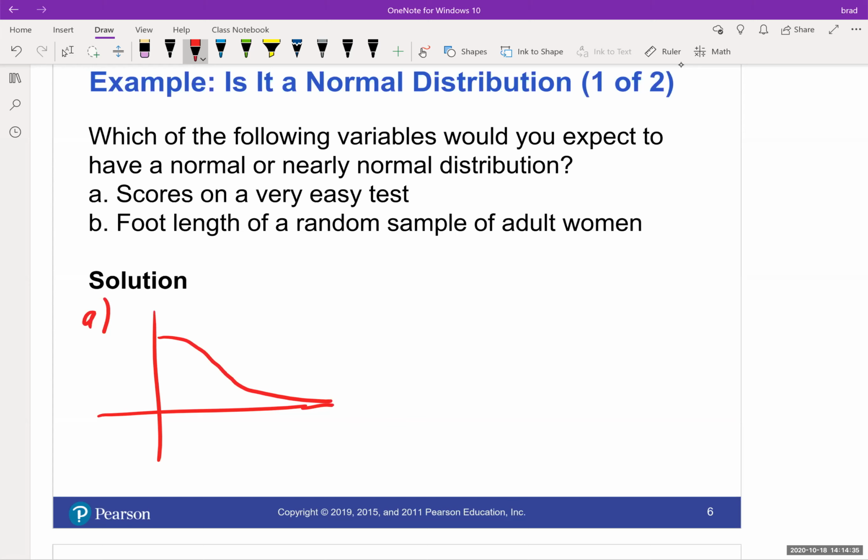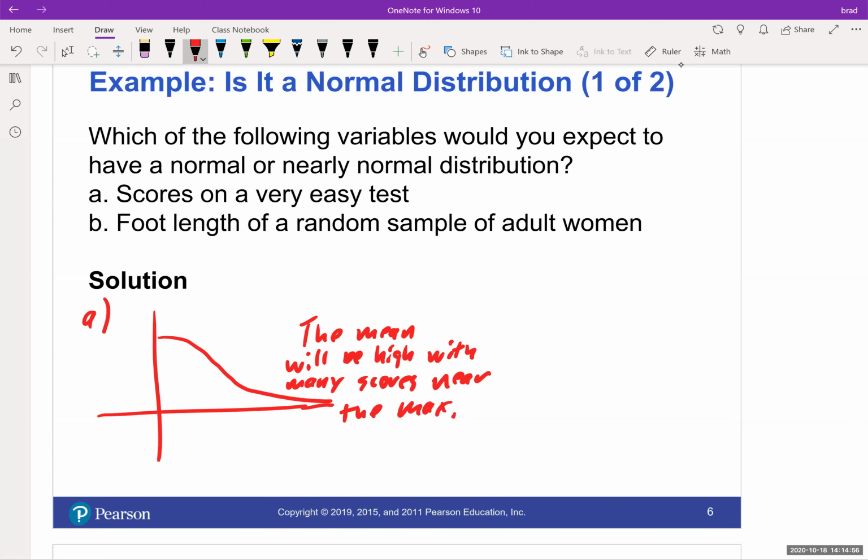And so again, we're thinking of the mean will be high with many scores near the max, with very few lower scores.